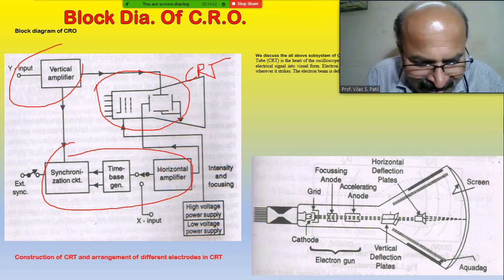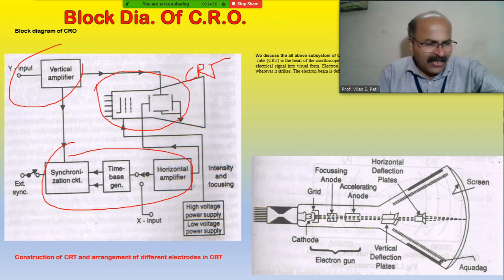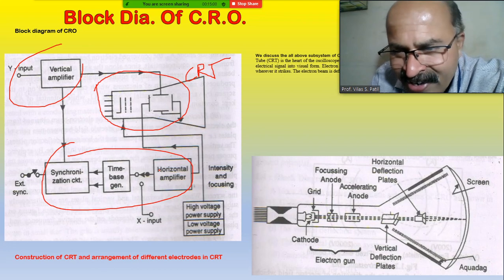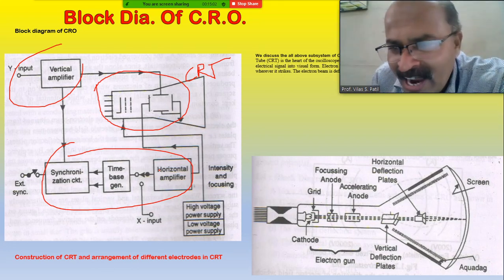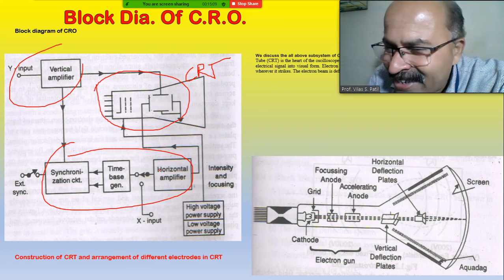And the fourth part of this block diagram is the intensity and focusing control. Just intensity and focusing control, I am controlling my wave intensity. See here, if I turn the light off, the intensity will be lessened. Here I control the intensity.